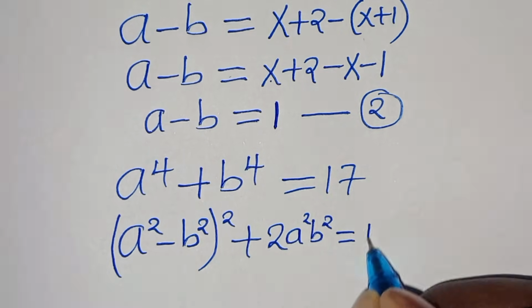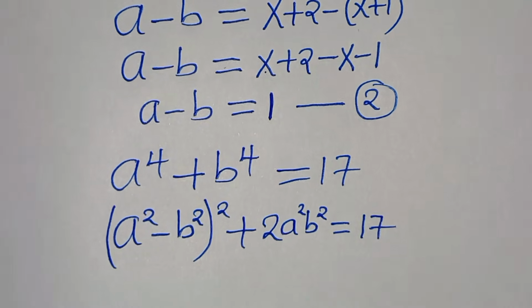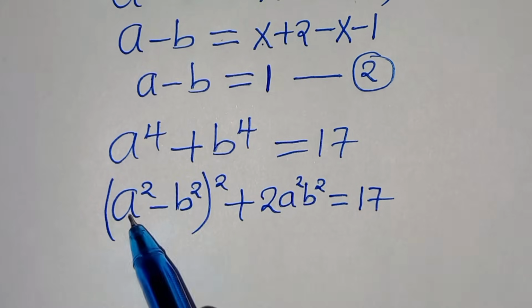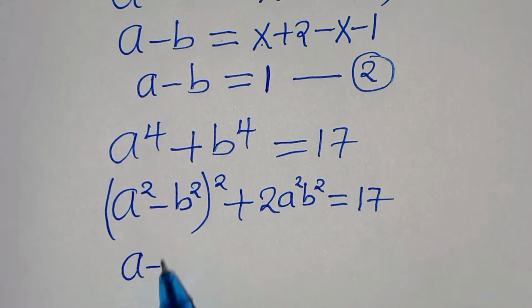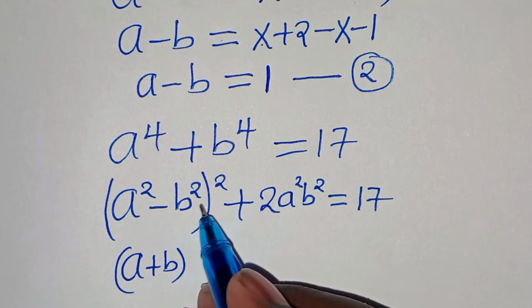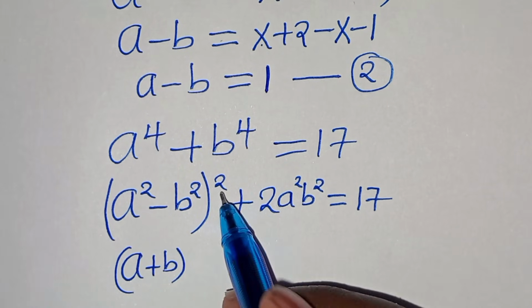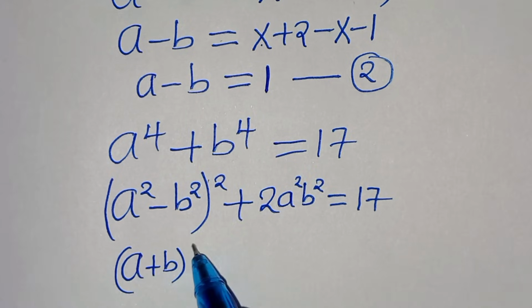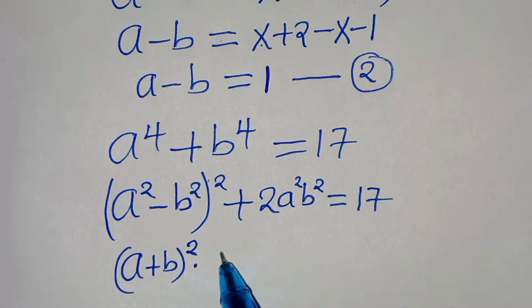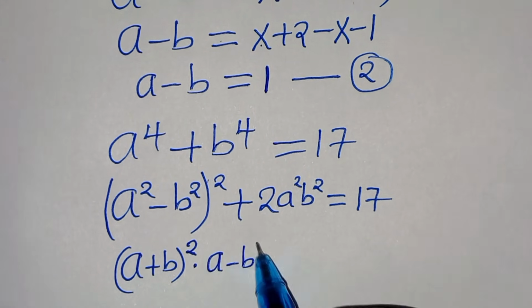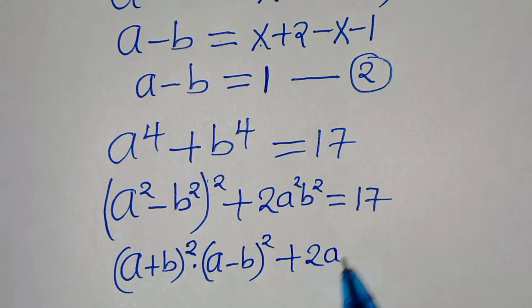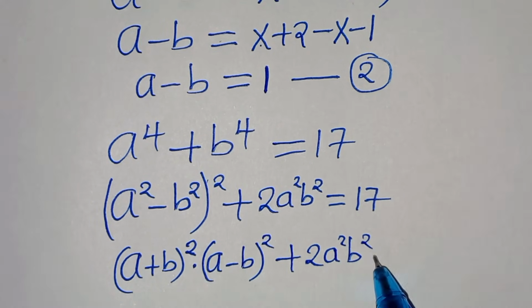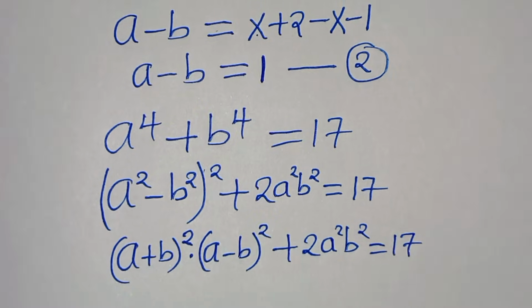This is equal to 17. Now, a squared minus b squared is the same thing as a plus b multiplied by a minus b. But this is squared, so we have (a plus b) squared multiplied by (a minus b) raised to the power of 2 plus 2a squared b squared. This is equal to 17.